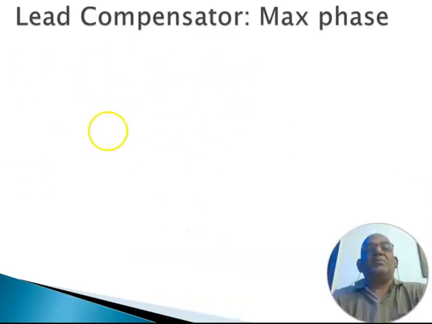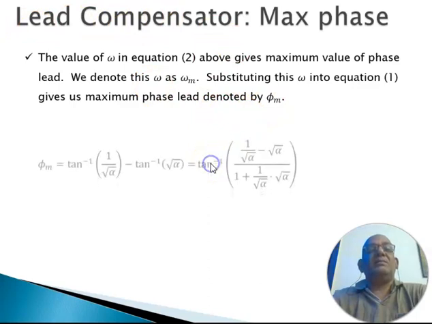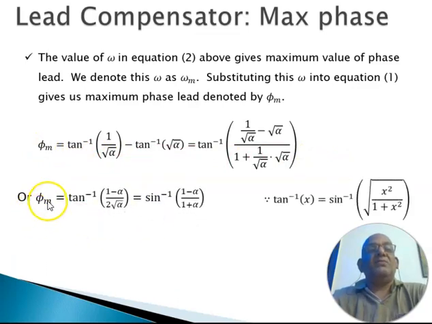To compute the maximum phase, we substitute the value of omega into equation 1. We get the maximum value of phase as given here. So phi m is all this, and if you simplify, you'll get 1 minus alpha by 2 square root of alpha.